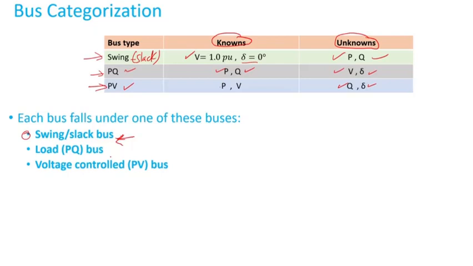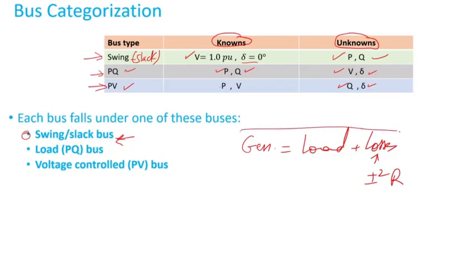if you lose a generator, that power has to be compensated, so the swing bus will provide the extra power needed, because at any given time, generation has to equal the load you're supplying plus the losses. To keep it simple, the losses are I squared R, because transmission lines or feeders have resistance, which causes I squared R losses. This equation has to be balanced and maintained.